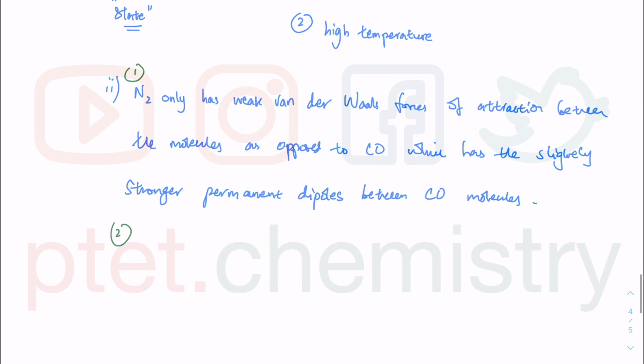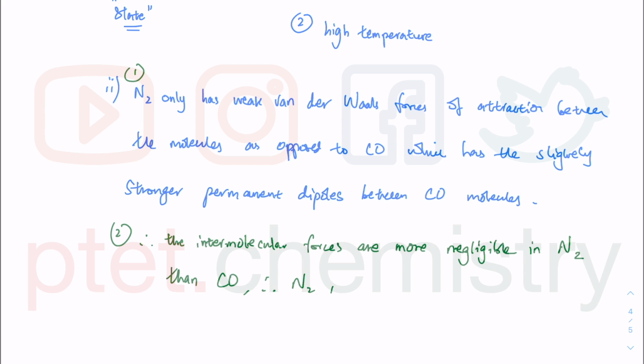I should really relate it to the negligible intermolecular forces to get the 2 marks. Therefore, the intermolecular forces are more negligible in N2 compared to CO. Therefore, N2 is more ideal.